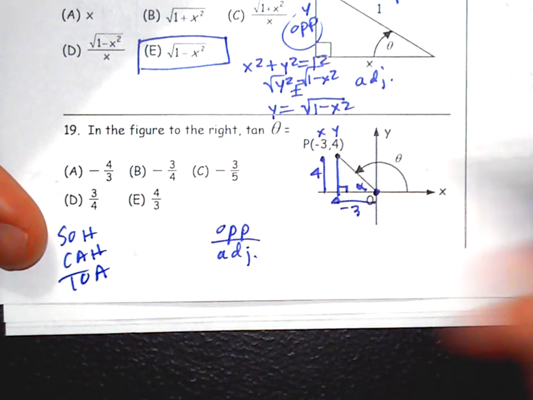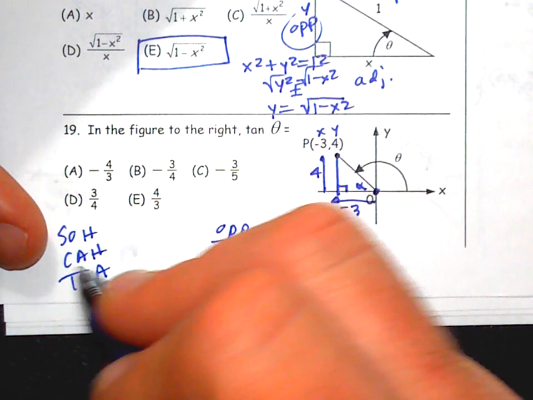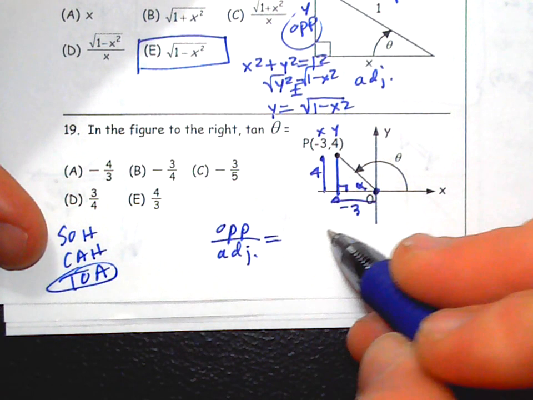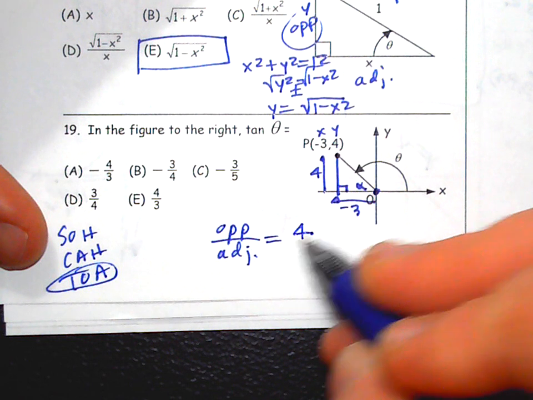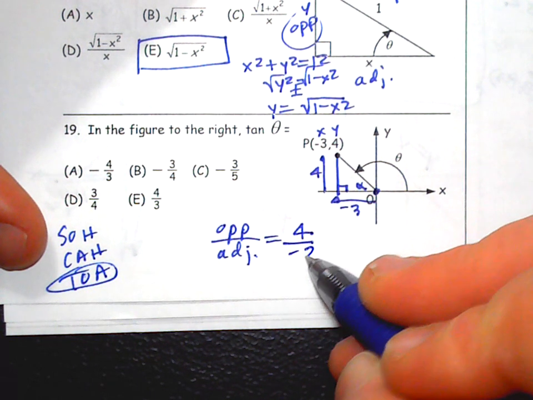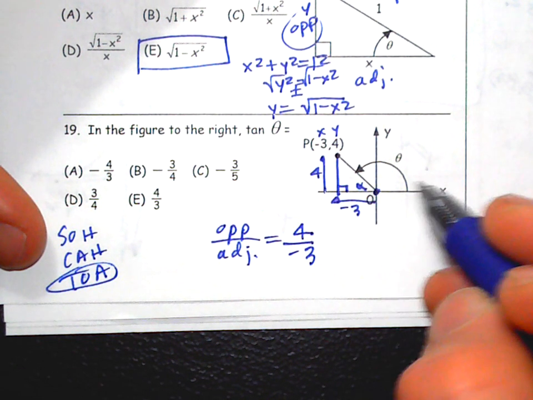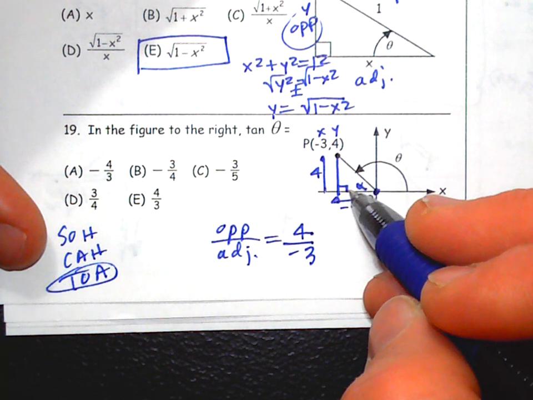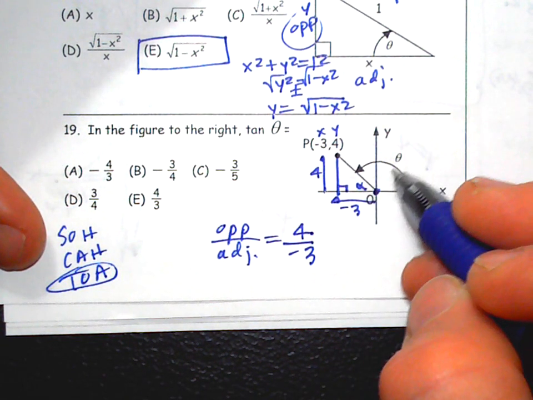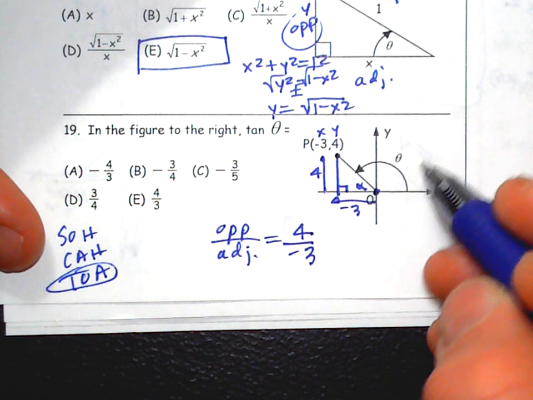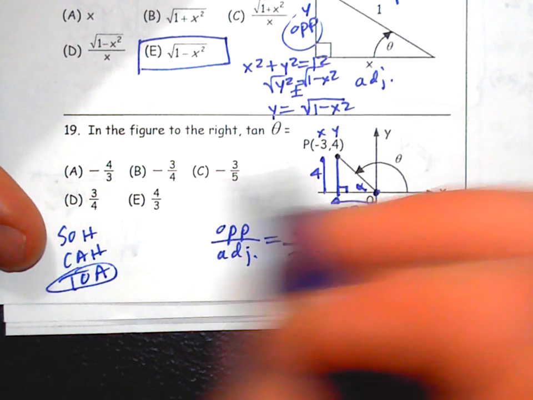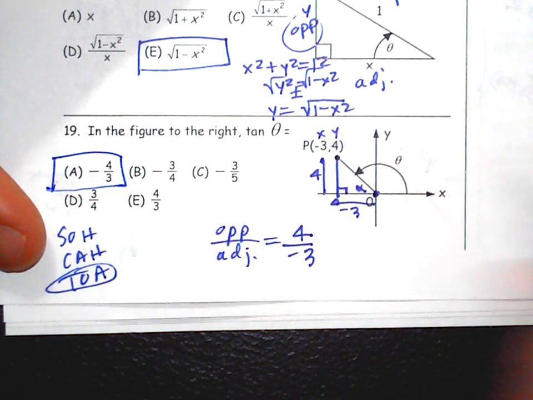SOHCAHTOA. So opposite is going to be 4 and adjacent is going to be -3. And we actually do put the negative because it's in the second quadrant, and it should give you a different value than an angle that gives you the same triangle in the first quadrant. So -4/3.